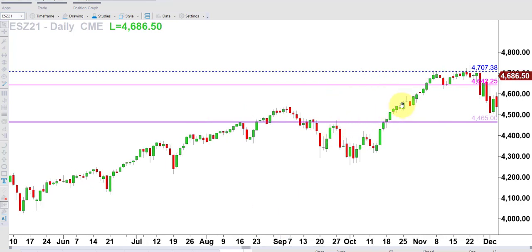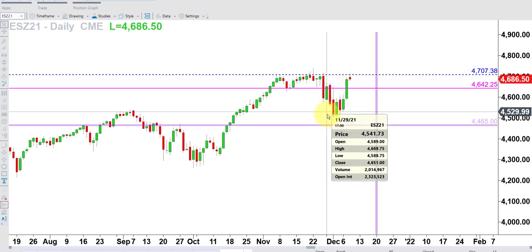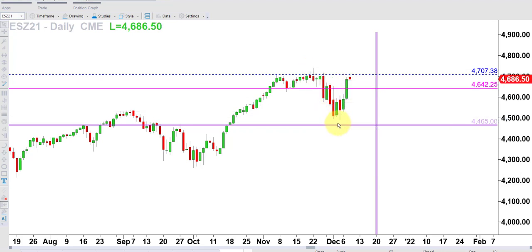If we look at the more recent price action, you can see that prices traded up into November 22nd, then corrected lower and stabilized on December 3rd and have been higher once again. Now, normally you might get excited about that and think that we're on our way to new highs, and we still could be. But there's important resistance here at 4707.38.